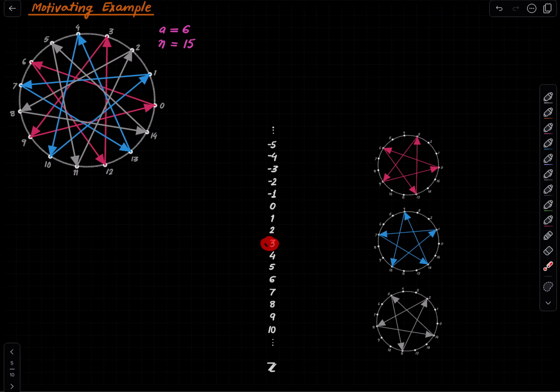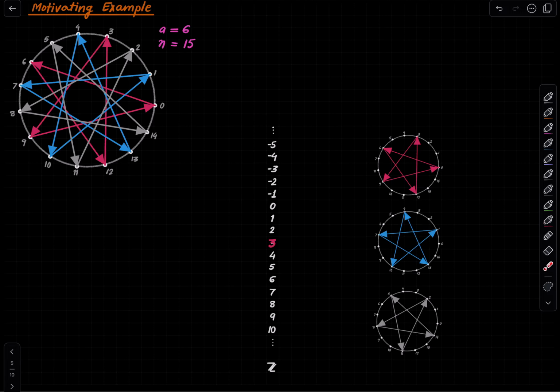We see which trajectory 3 modulo 15 lies in, red, blue, or gray. Think about the remainder class of 3 modulo 15 and ask, which trajectory does it lie in? And we see that it lies in the red trajectory. Here it is. So we color 3 with the color red.